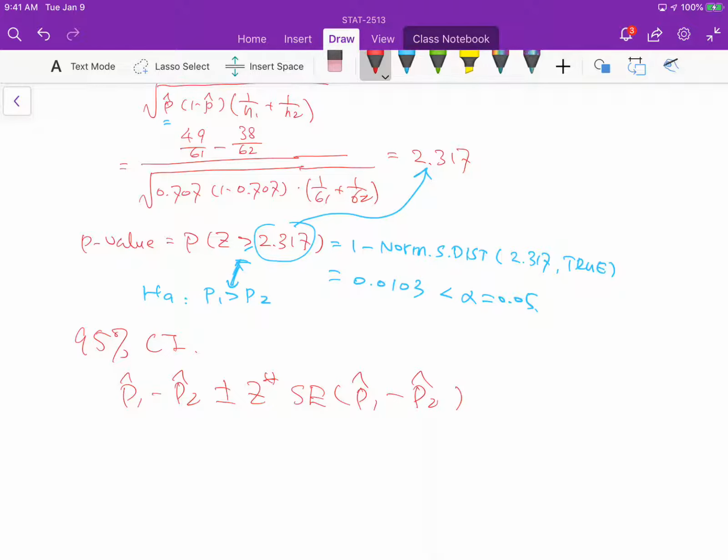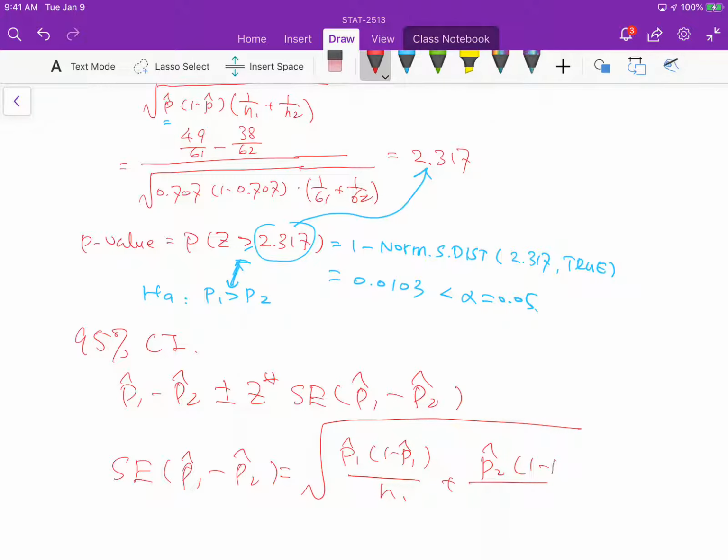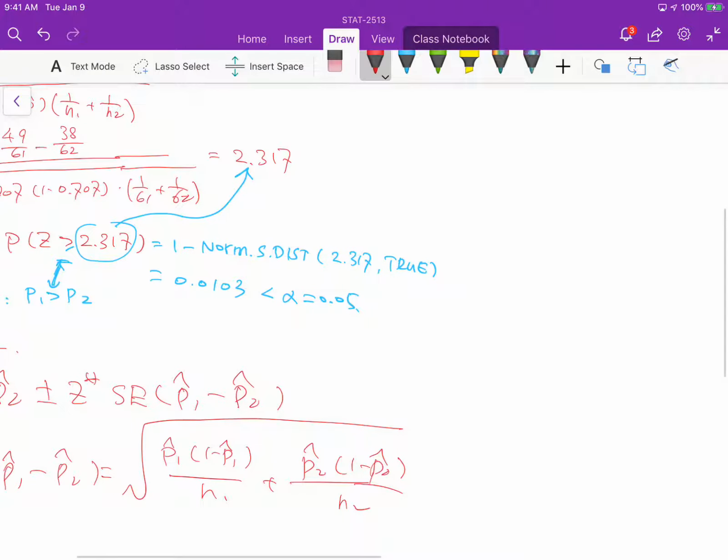In this case, the standard error will be the square root of P1 hat times 1 minus P1 hat over N1 plus P2 hat times 1 minus P2 hat over N2. And we've already identified the values for P1 and P2, right? So you plug in the values.